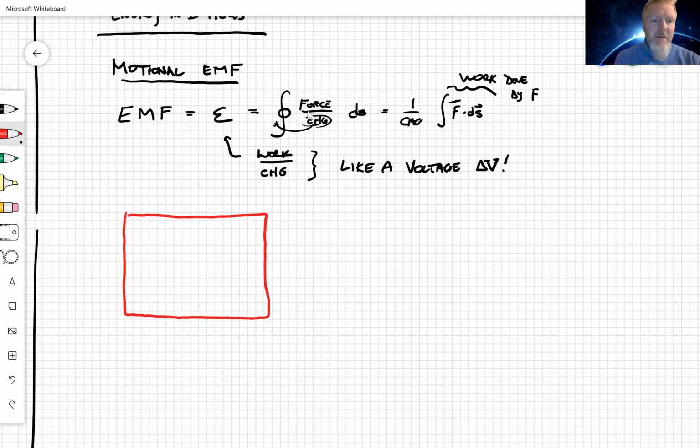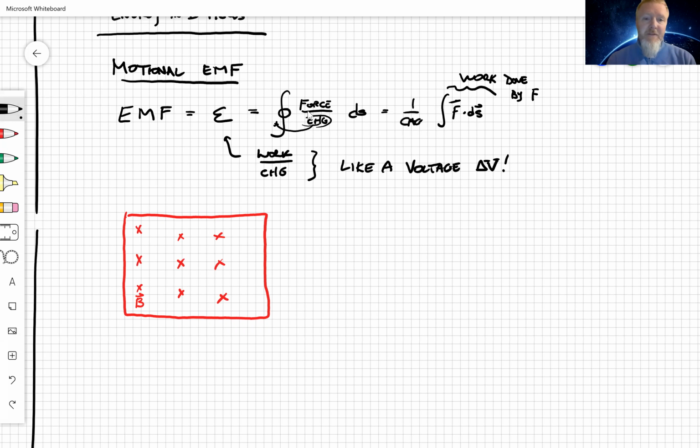And inside this red box is a B field. Suppose that I'm sitting on the south pole of the B field, or somewhere near it, and I'm looking, and the North Pole's over there. So the B field's going in. Okay.